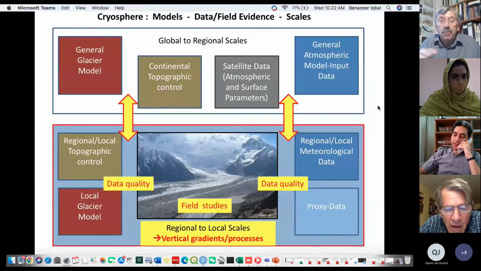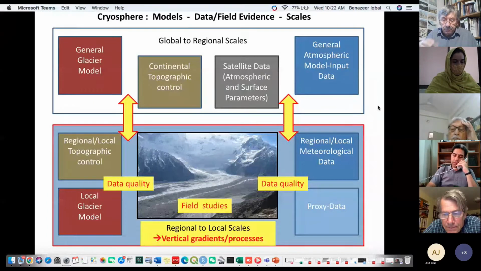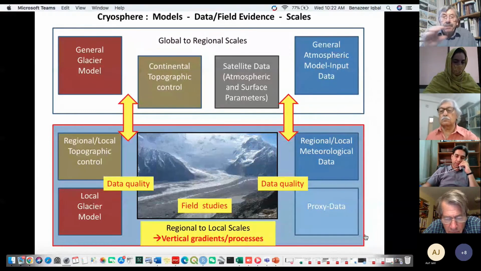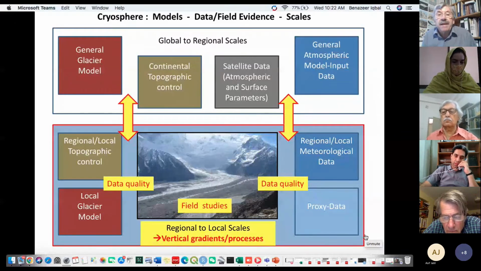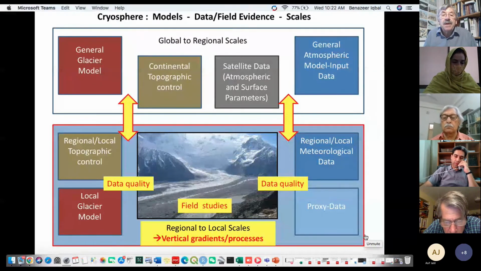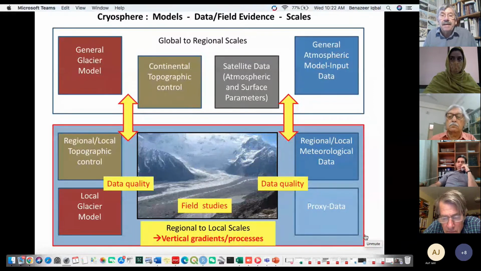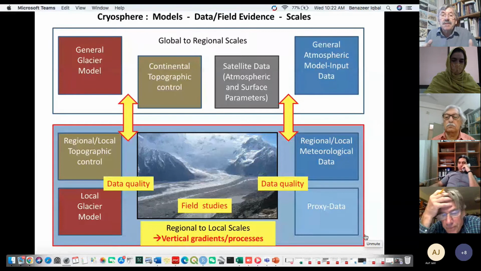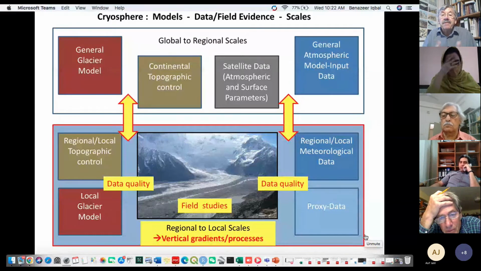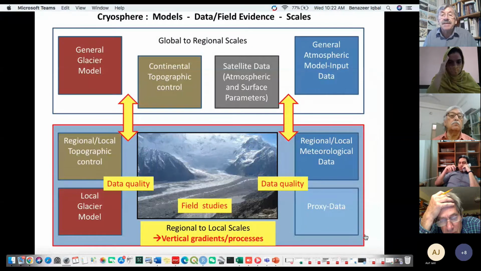The lower frame is regional to local scale. And in the upper frame, global to regional scales, you see that we mainly work with data from satellite, which have the advantage that they are rather homogeneous over large areas.